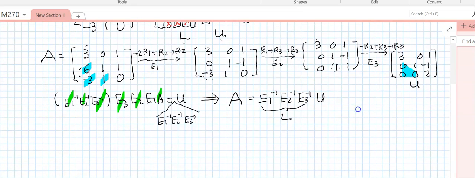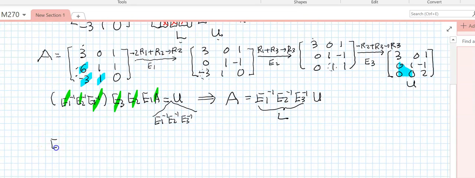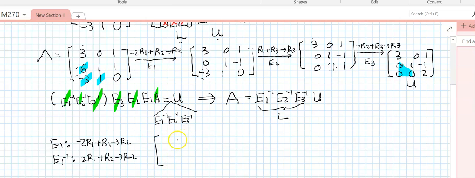So now, let's figure out what those inverses are. E1 was negative 2R1 plus R2 goes to R2, so E1 inverse will be 2R1 plus R2 goes to R2. That is 1 0 0, 2 1 0, 0 0 1.